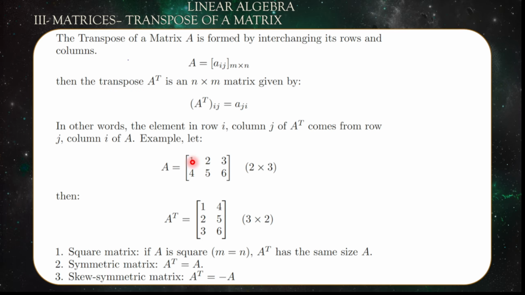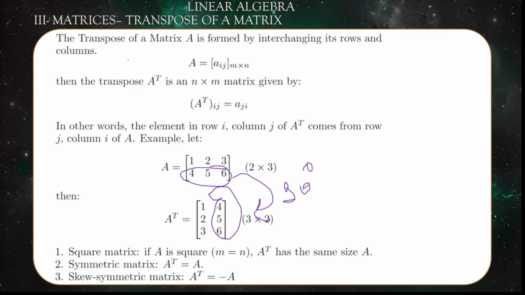So 1, 2, 3 has been turned 90 degrees, so it became 1, 2, 3 as a column instead of a row. The same thing for the second row, 4, 5, 6, which becomes a column of 4, 5, 6. This is how transposition works.